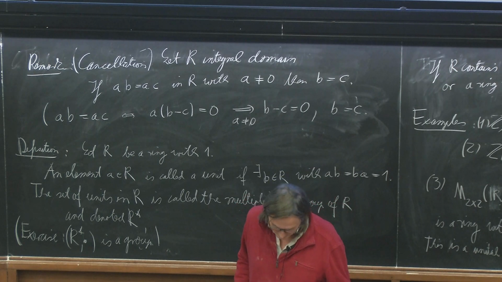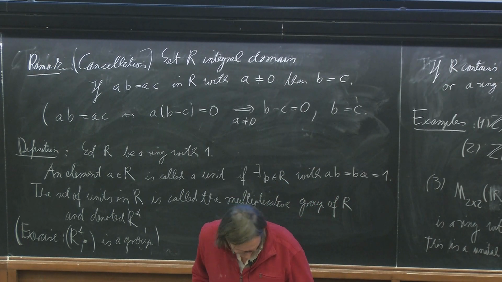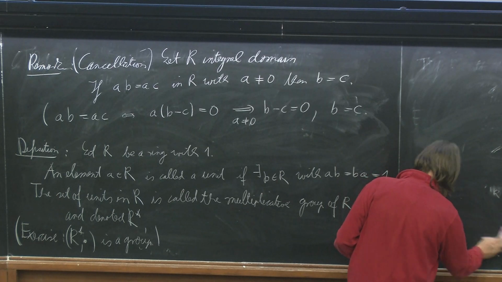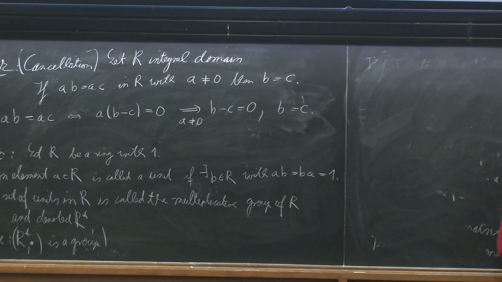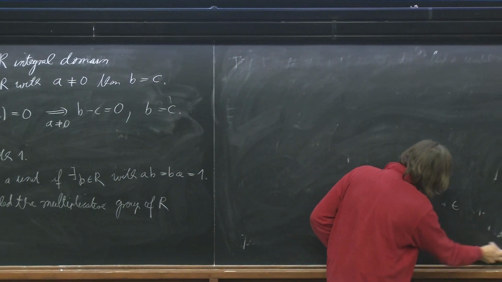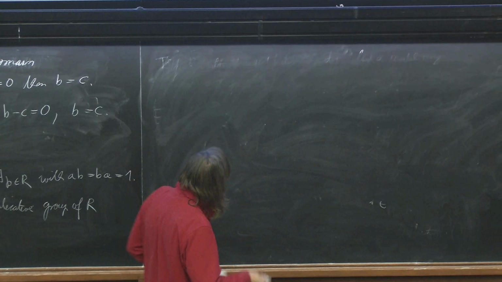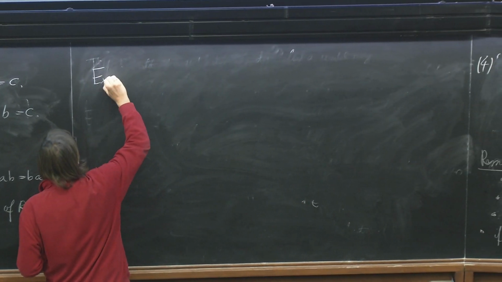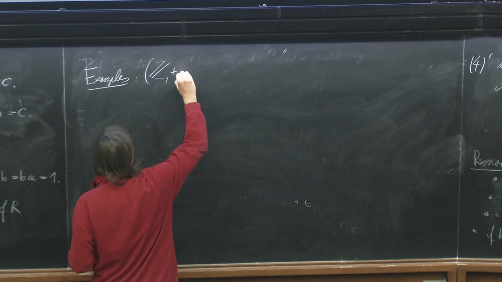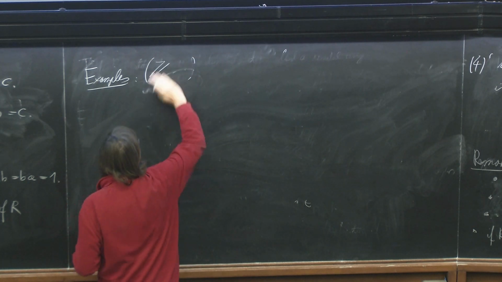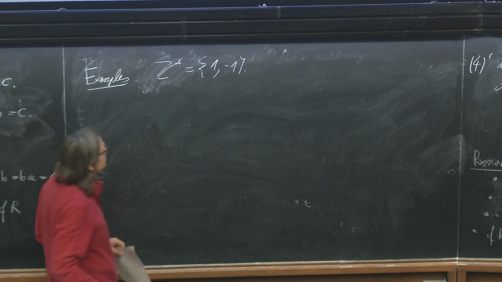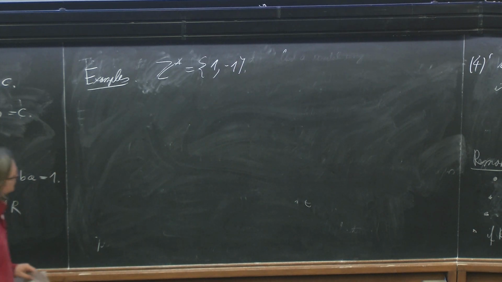Let me give just a couple of examples. For instance, in Z, if I just take the units in Z, the only elements which are invertible for the multiplication are 1 and minus 1.